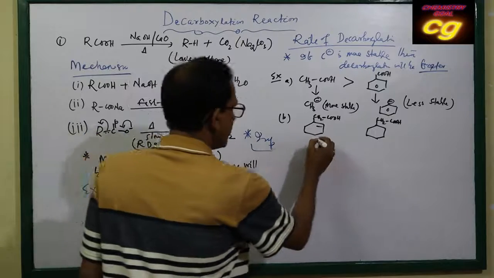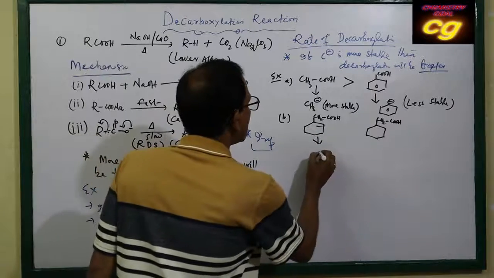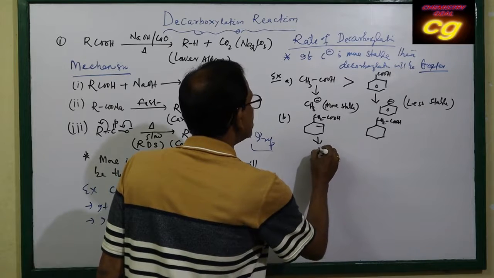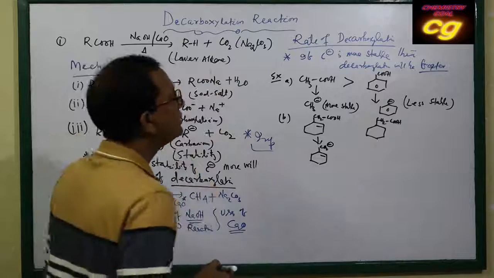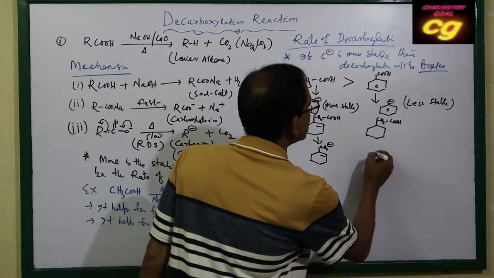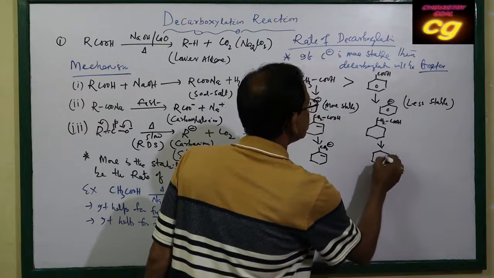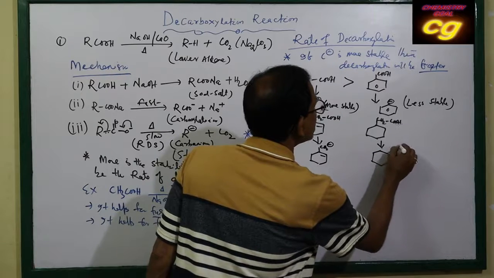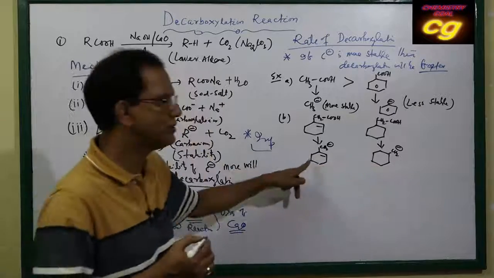In this case, you see the carbanion produced. Here the carbanion is this one, CH2 minus, and here the carbanion is this one. I am writing this point, no problem, CH2 minus. So this is the carbanion, this is the carbanion.